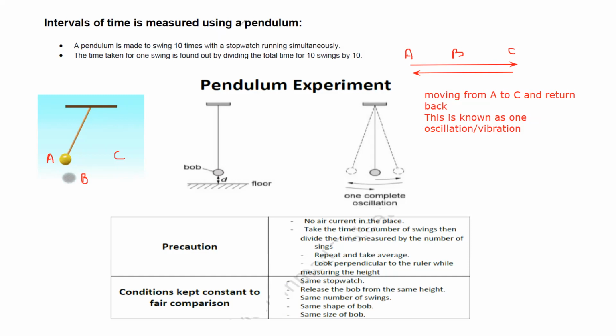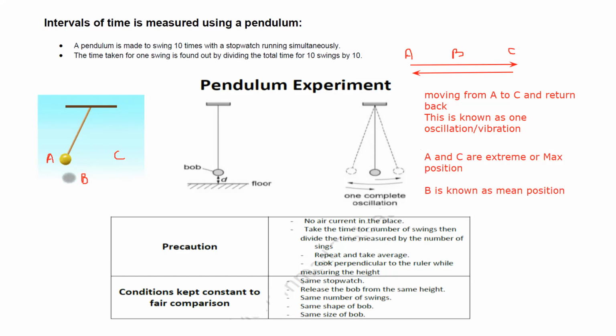There are positions as well. Positions A and C are known as the extreme positions, or maximum positions, where B is called the mean position or the center position.